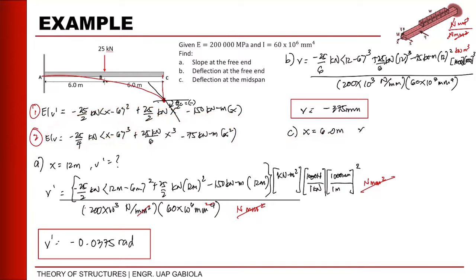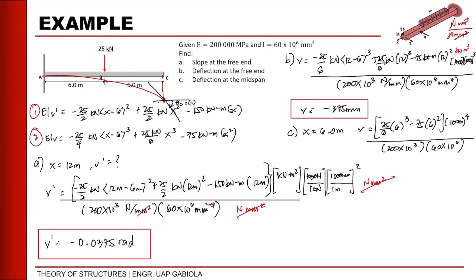So V natin doon will be 25 over 6 times 6 cube minus 75 times 6 squared. Tapos multiply natin to by 1,000 to the fourth. Over 200 times 10 to the 3 times 60 times 10 to the 6.